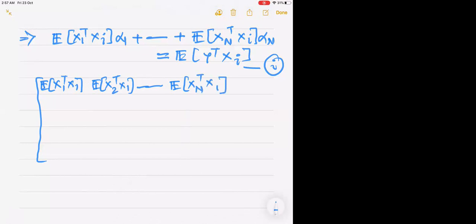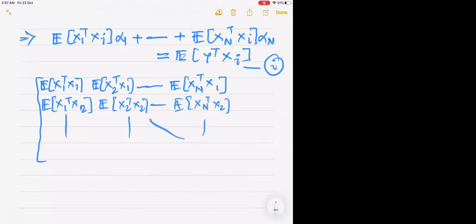This is expectation of x1 transpose x2. This is expectation of x2 transpose x2, dot dot dot, expectation of xn transpose x2, and so on. Expectation of x1 transpose xn, expectation of x2 transpose xn, expectation of xn transpose xn.